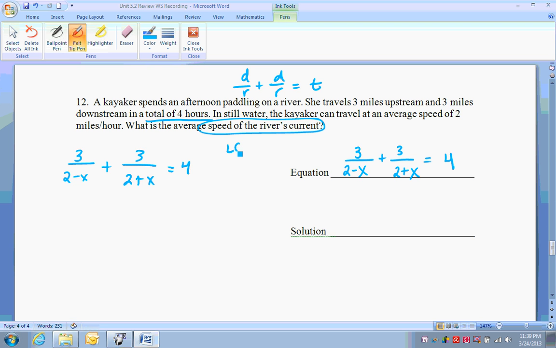So our LCD here is 2 minus X times 2 plus X. And if I multiply everything in my equation by that, then I cancel out what divides and multiply what's left.